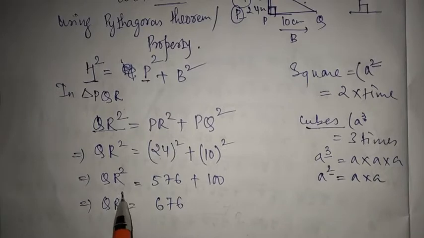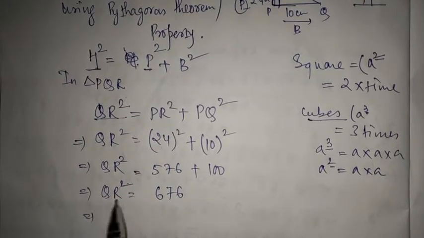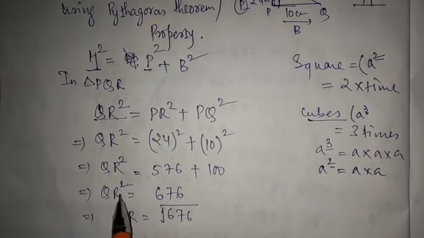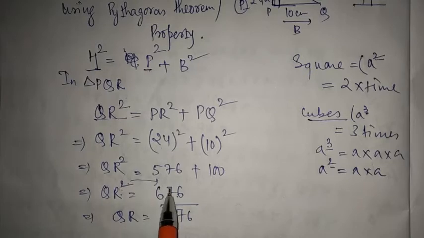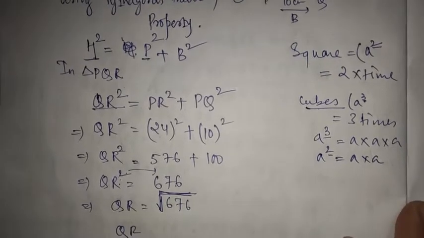QR square is not gone still. Now this square will be transferred to this side. What will happen if this is transferred? If this square is transferred to the right hand side, then this number will have the square root sign. So you know what is the square root of 9?